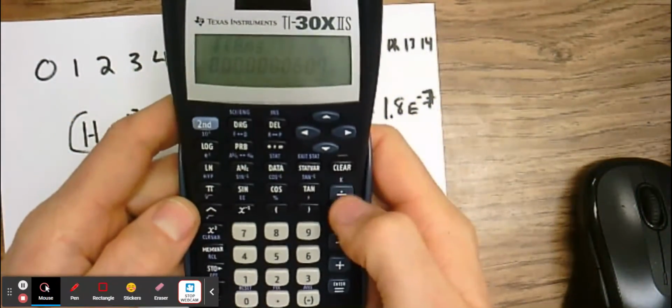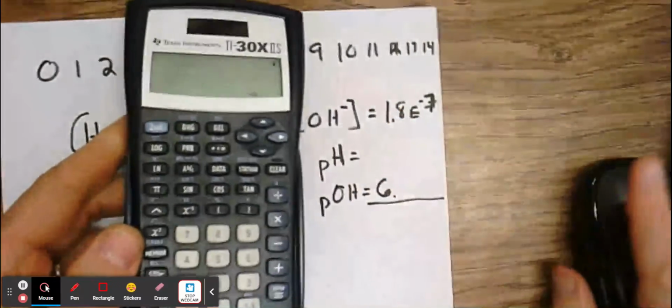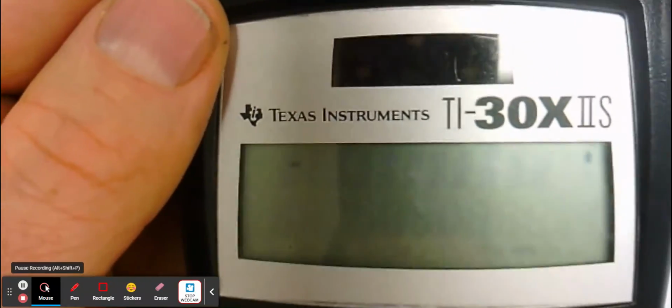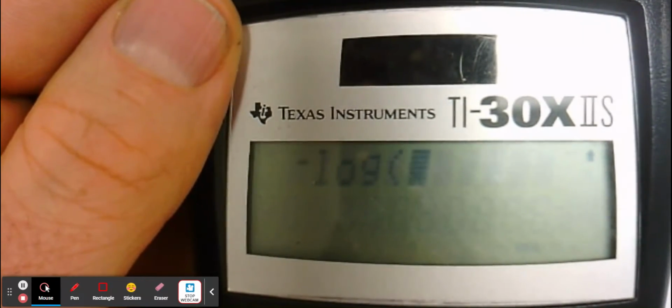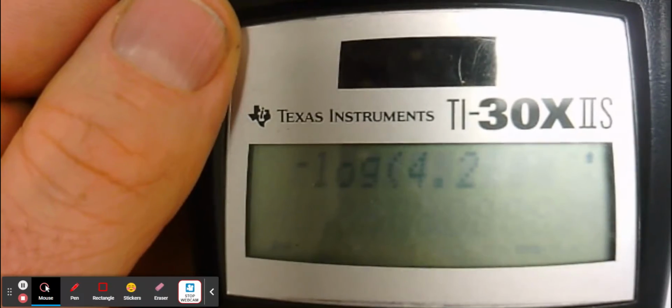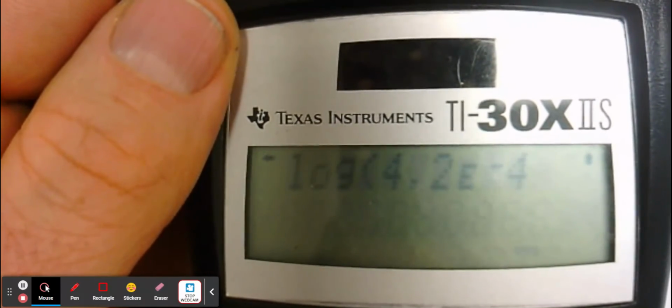Let's make this pretty good here. So negative, where's my log? Log of 4.2 E to the negative fourth.